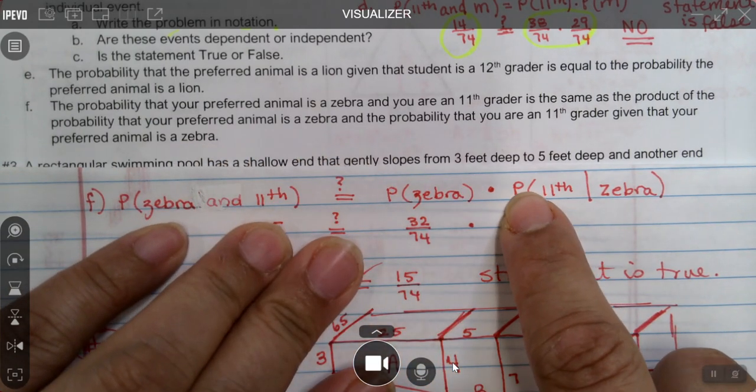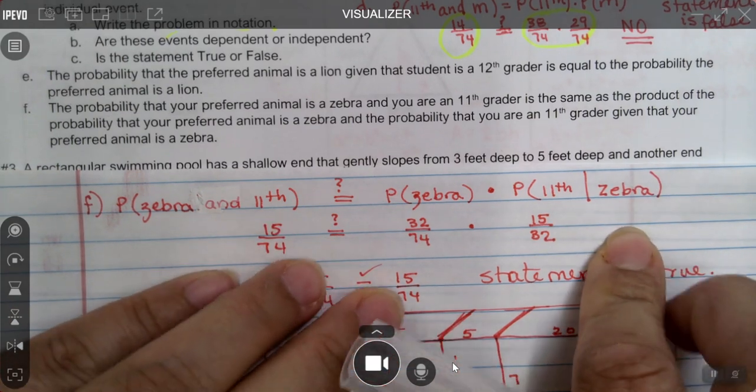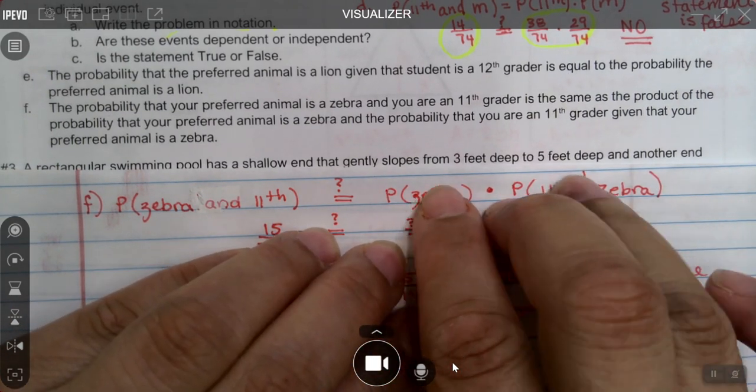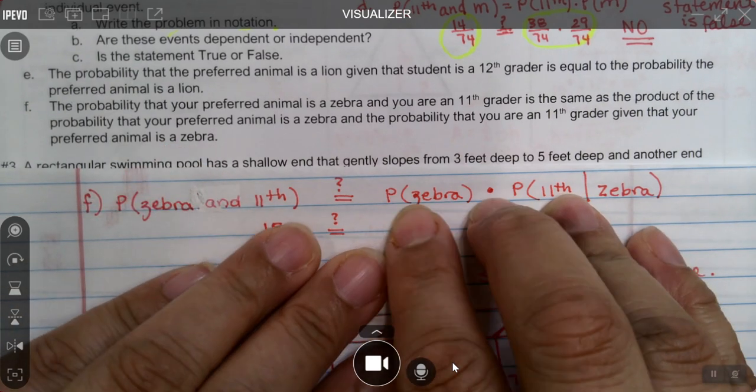So now the question is, is this statement true? When I multiply these two probabilities, does it equal this one? Well, let's find out.